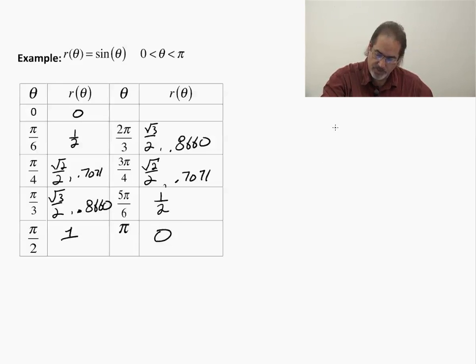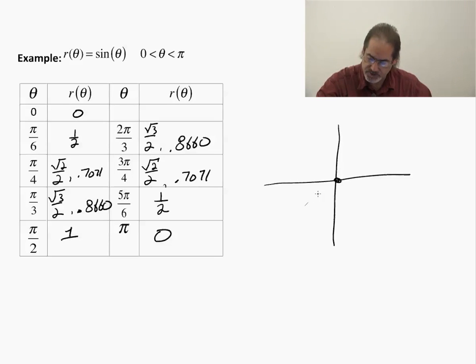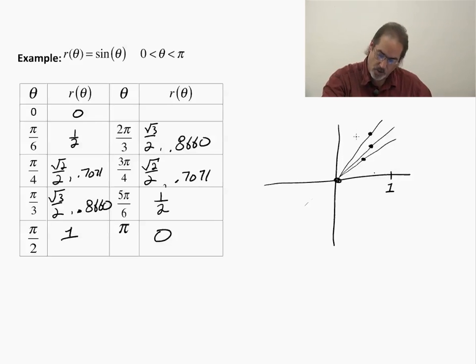So if I draw my axes, at 0, I'm at 0. At pi over 6, pi over 4, pi over 3. So at pi over 6, if this is 1, I'm at a half, so I'm roughly here. And then I'm at roughly 0.7. And then I'm at roughly 0.8. Then I'm at 1.